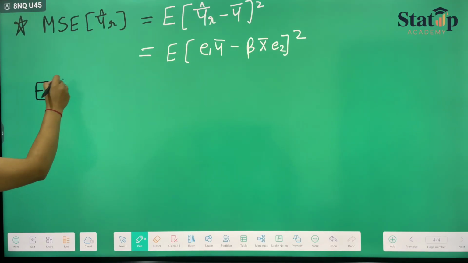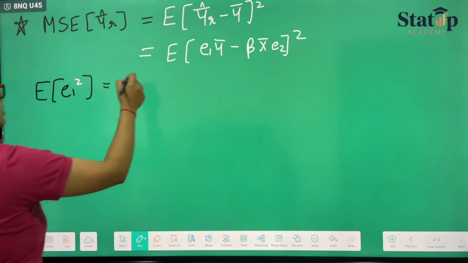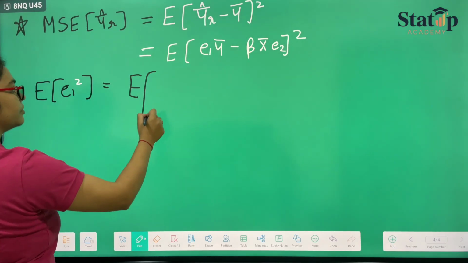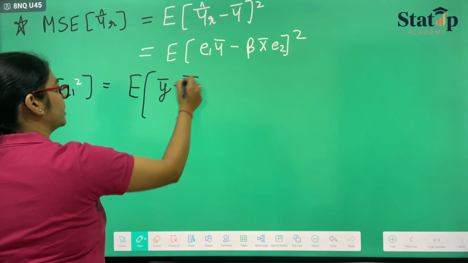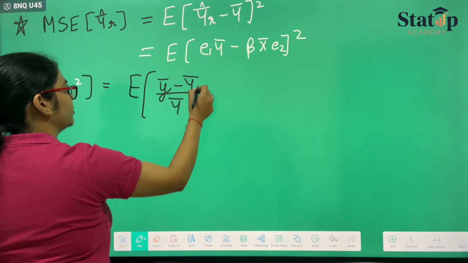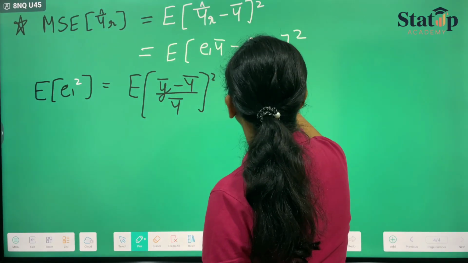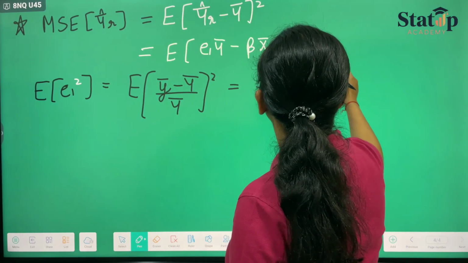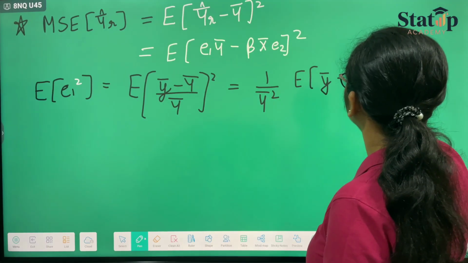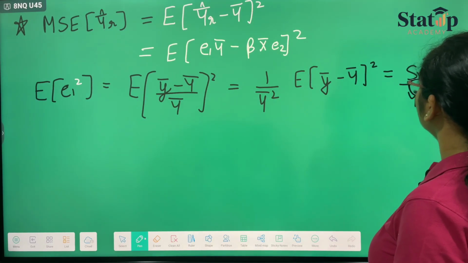So we know that the expectation of E1 square is nothing but the expectation of small y bar minus capital Y bar upon capital Y bar whole square, which is nothing but 1 upon capital Y bar square times the expectation of small y bar minus capital Y bar whole square. It is nothing but Sy square upon Y bar square.